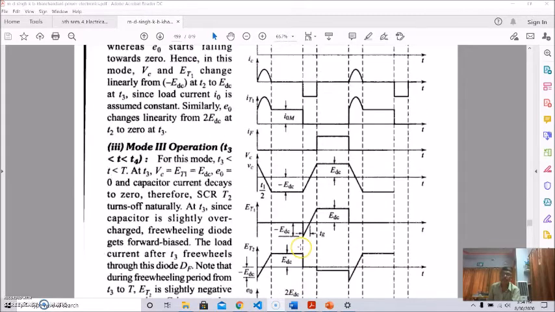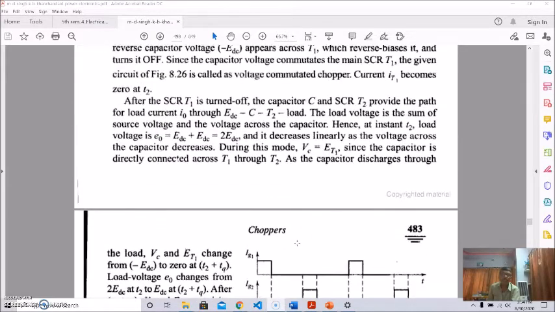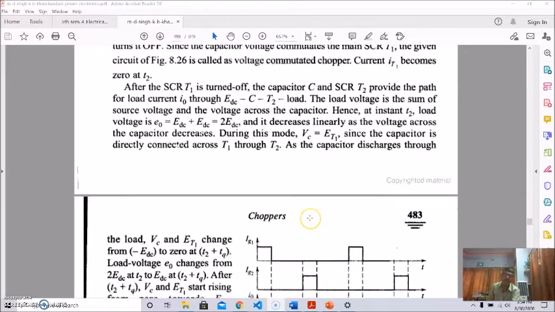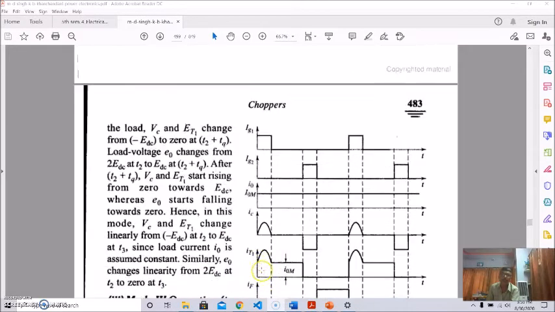So basically, during this mode Vc equal to Et1, that is shown here.